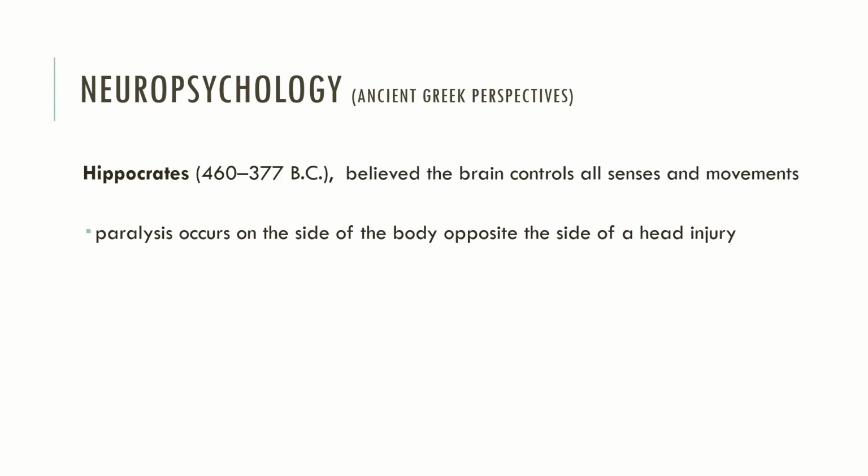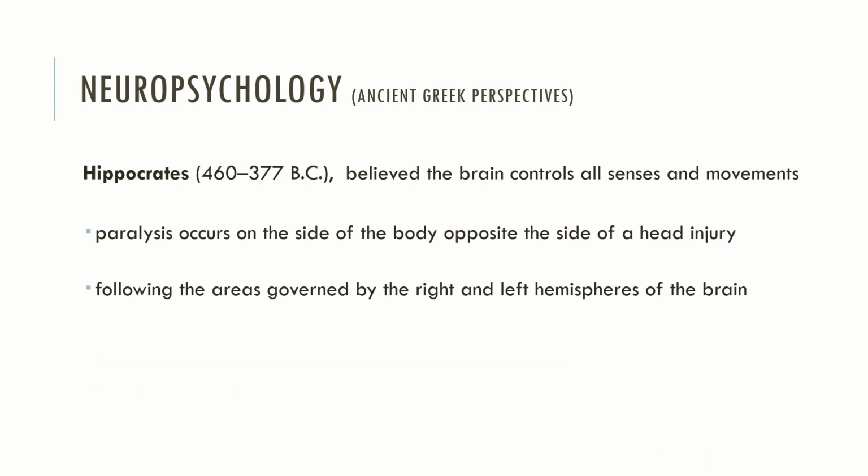This is very important because it's the first time in history that we start to notice that the brain could be working on opposite sides of the body. Following the areas governed by the right and left hemispheres of the brain, Hippocrates noticed that one side of the brain could govern contralateral areas of the body.